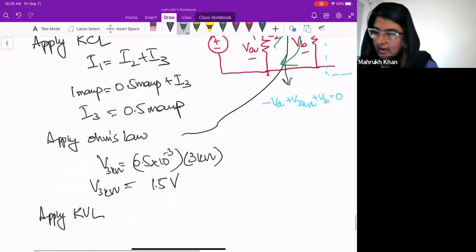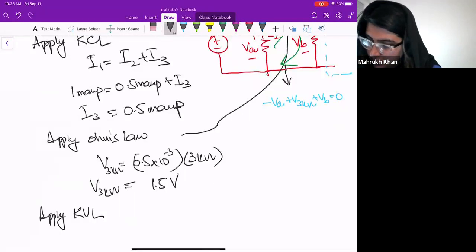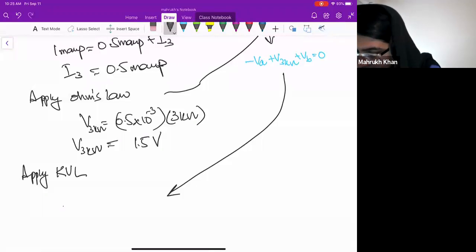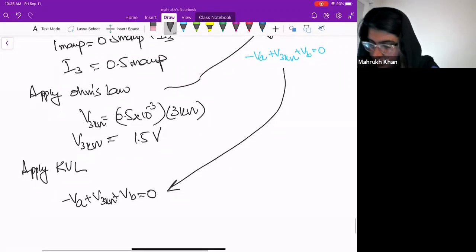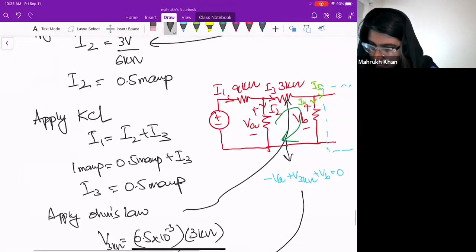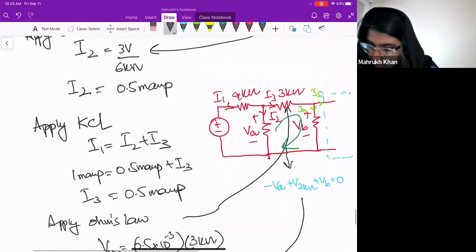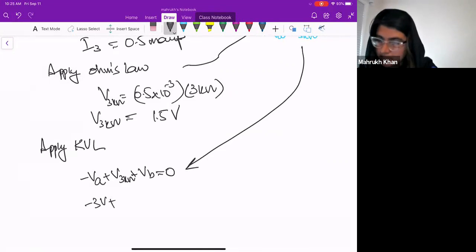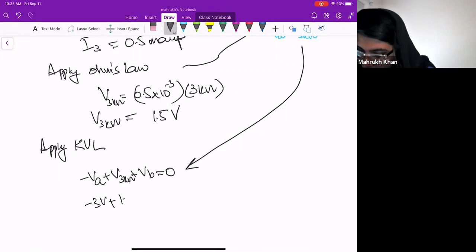So I will write the same equation here. Minus VA plus V3 kilo ohms plus VB is equal to 0. So my VA is 3 volts, I think. Yes, so VA is 3 volts, minus 3 volts plus 3 kilo ohms is 1.5 volts plus VB.